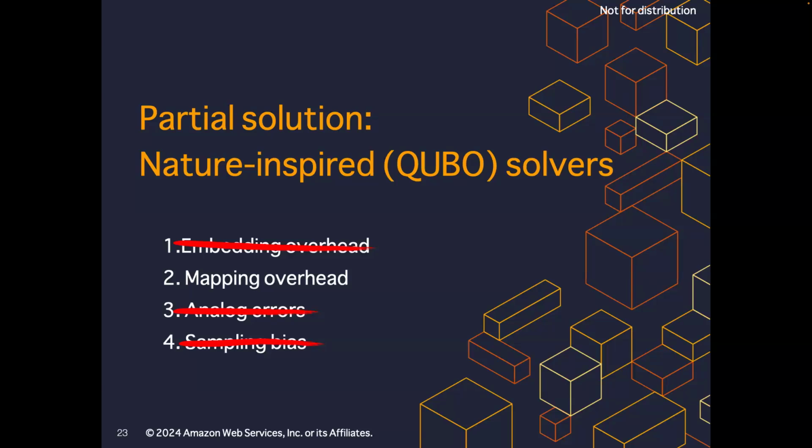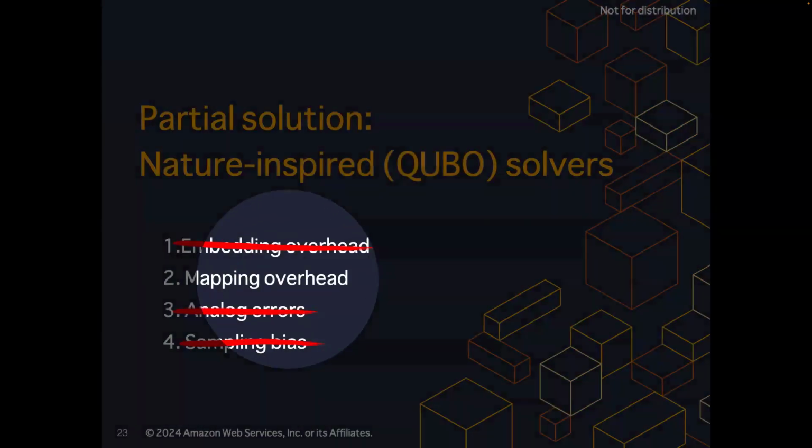But the only thing that remains, and that is always hard to overcome, going back to the beginning of this presentation where I said about real-world problem, is mapping. You start with a real-world problem, you have to convert it into something that a quantum machine understands. And while many of these issues can be worked out either algorithmically or by building better devices, it's going to be very hard to overcome the mapping overhead.